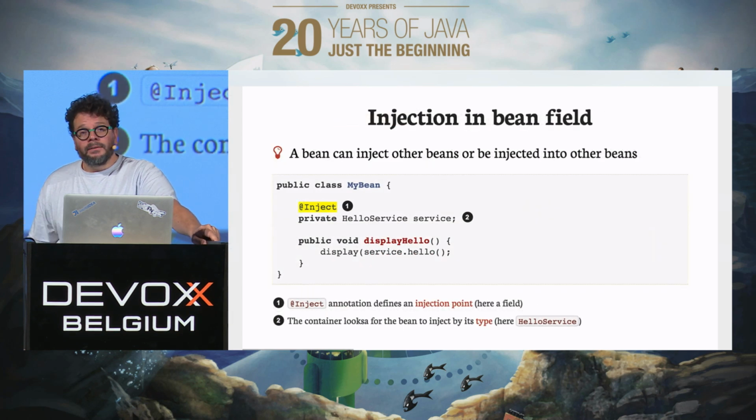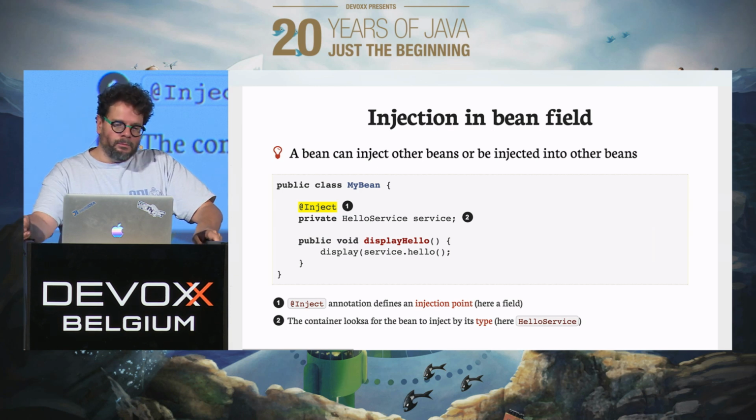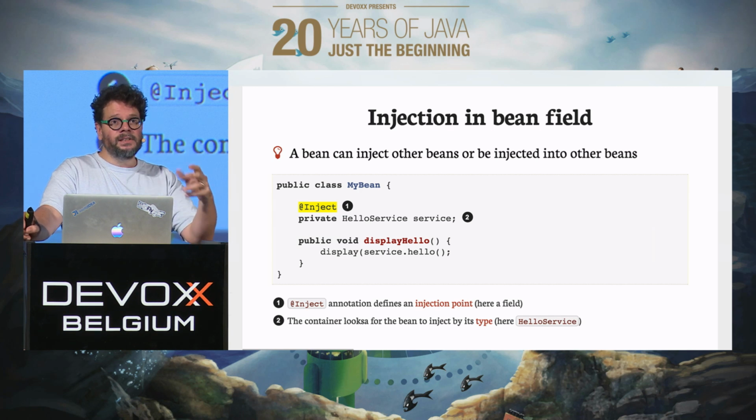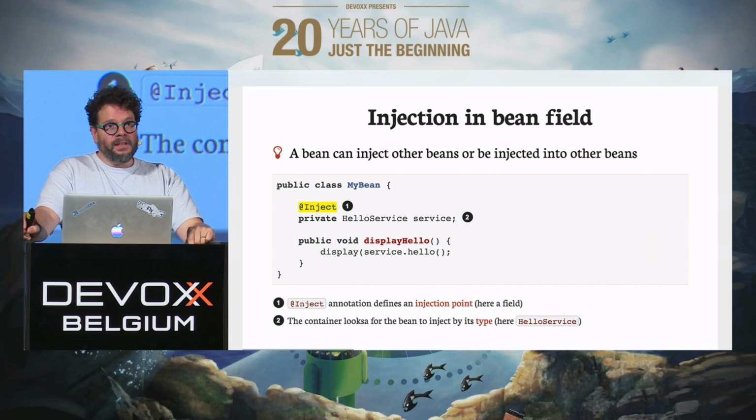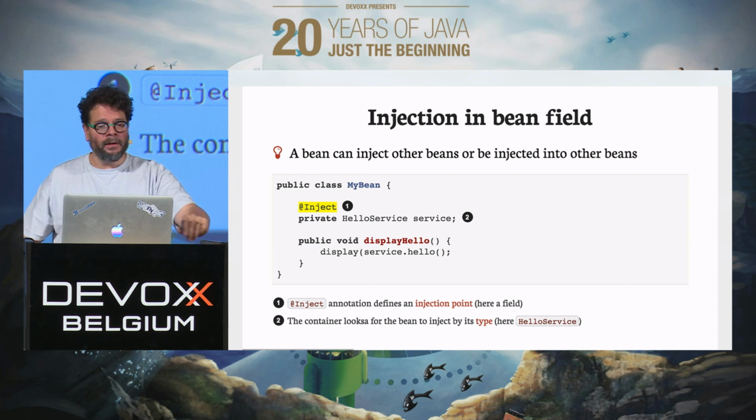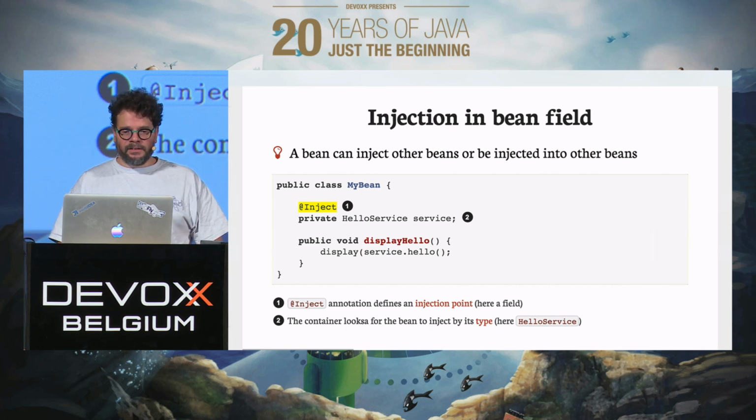So now you know that you have beans and that your CDI container discovers them at boot time. You can use this inject feature. In CDI, you can inject a bean into another bean with the @inject annotation. So here we are injecting the HelloService bean I defined before in a field.